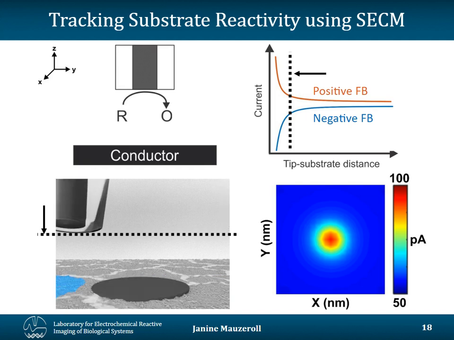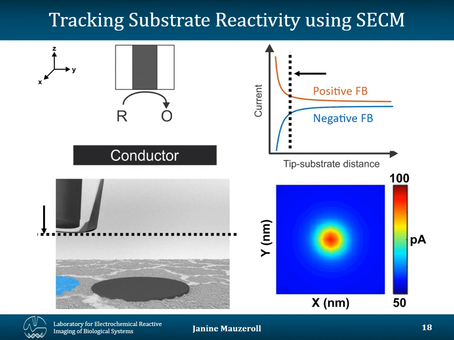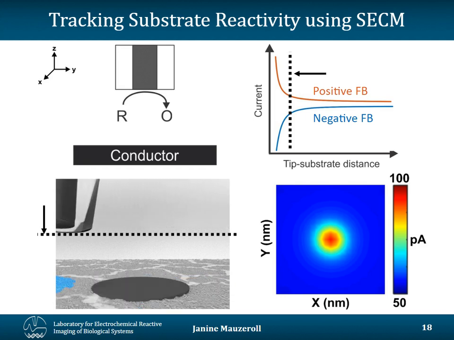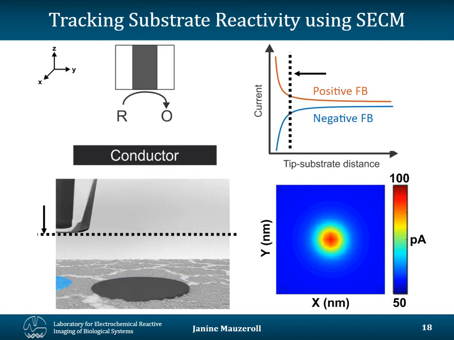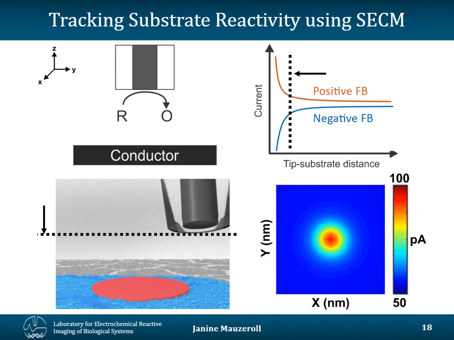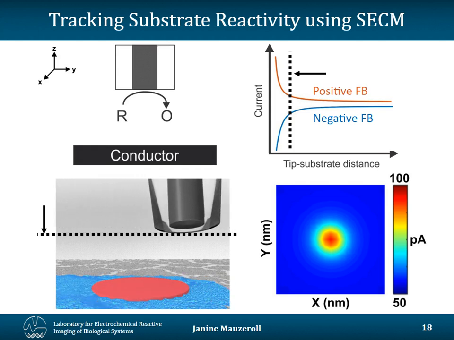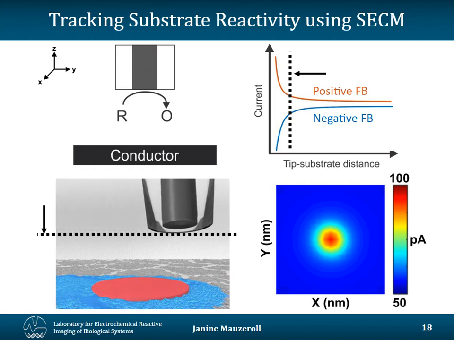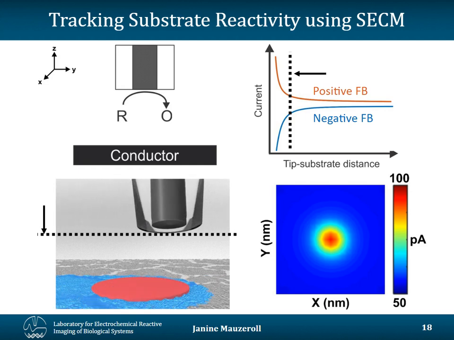One thing you can notice is that SECM images will never be able to reach the lateral resolution that you can expect to have using other scanning probe methods like AFM or STM. The process that's going on here is based on diffusion, which in a way is blurring the reactivity of the feature.